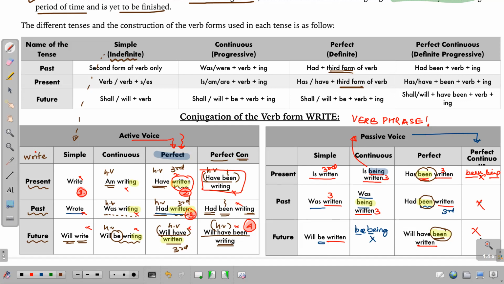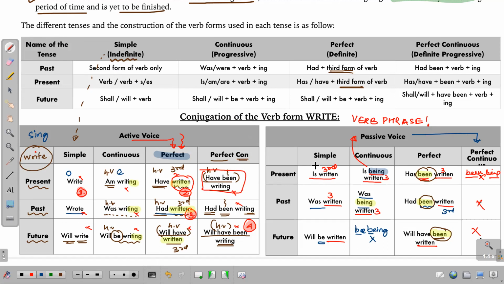So if you're struggling with this, you can draw this table, and you can practice with different verbs. For example, I can take a new verb like sing, and try to take a regular, irregular, any kind of verb. So for example, I sing a song, I am singing a song, I have sung a song, I have been singing a song.